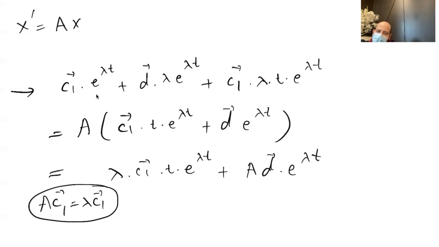Now, if I compare the left-hand side, addition of these three terms, with the right-hand side, addition of these two terms, I can see that there is one common term which can be canceled out from the right-hand side and left-hand side here. So I can cancel out this term with this term.